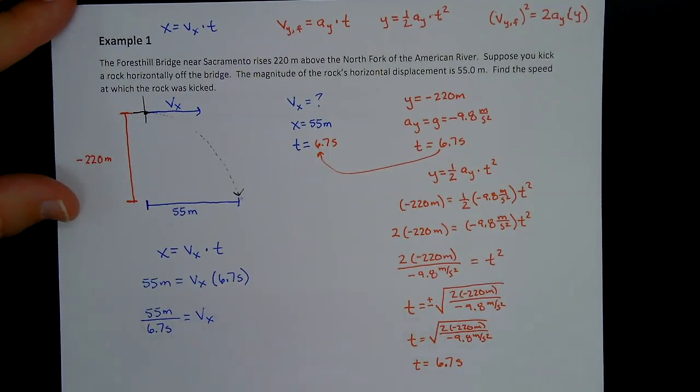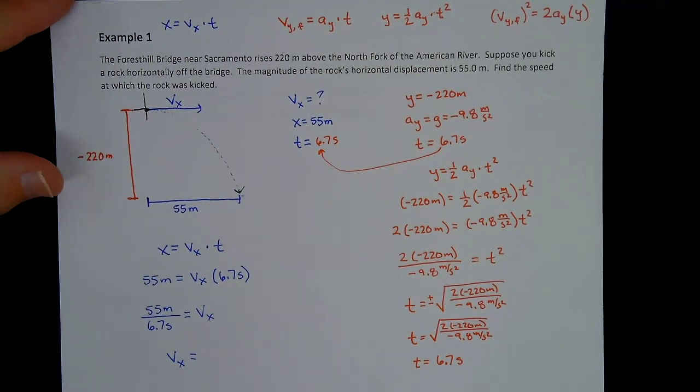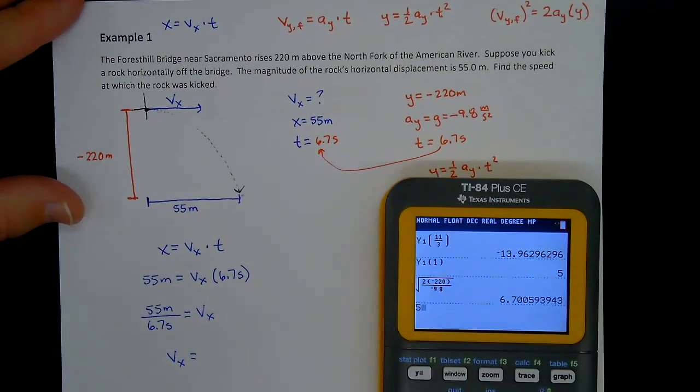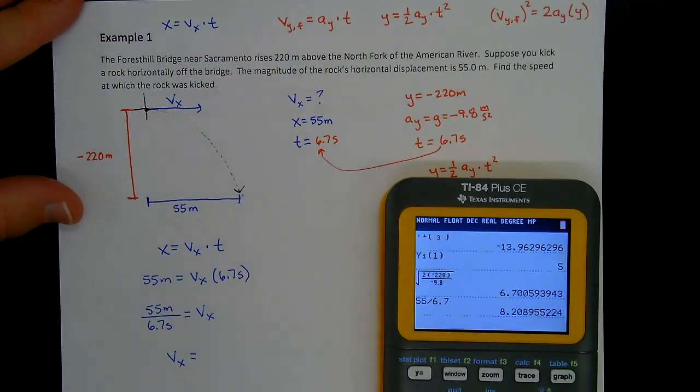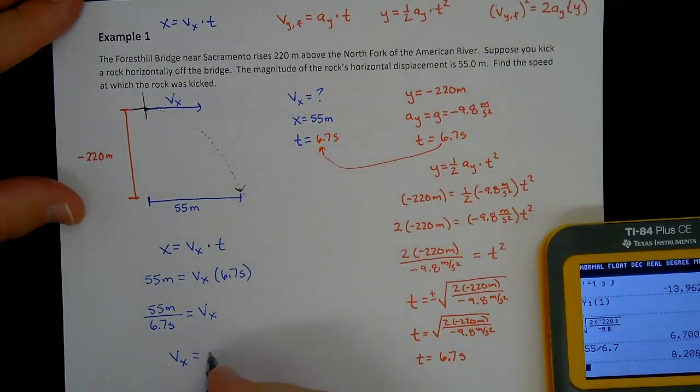v sub x. And so my v sub x, that's my horizontal velocity, that's the speed at which I kick the rock at, is 55 divided by 6.7. And we get 8.2, rounding to 1 decimal place, we get 8.2 meters per second.